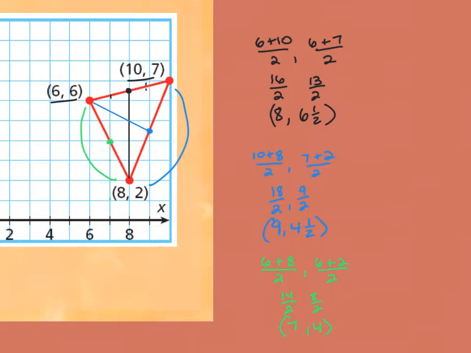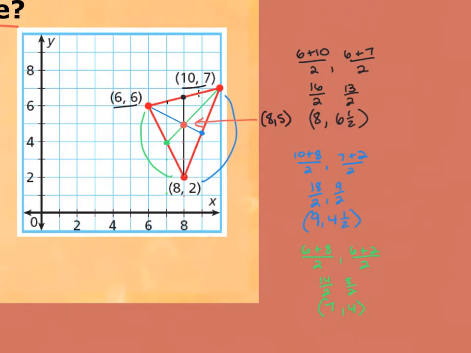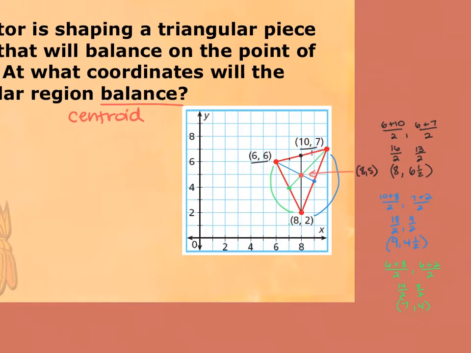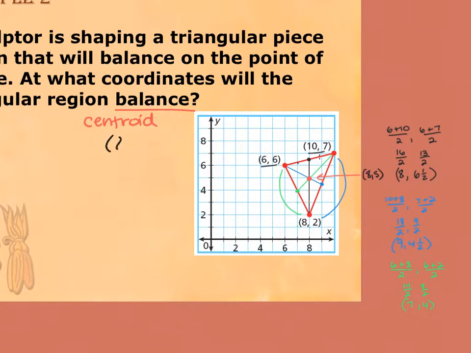I'm going to use my median to connect it, and then I can identify where these 3 points meet, which is going to be my centroid, and that's at 8, 1, 2, 3, 4, 5. So my centroid, or point of balance, is 8, 5. Center of balance.